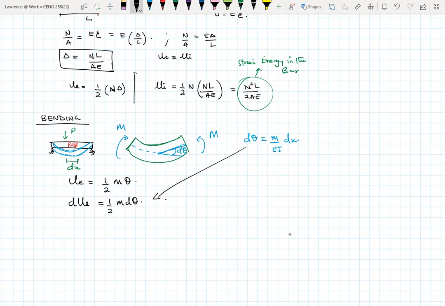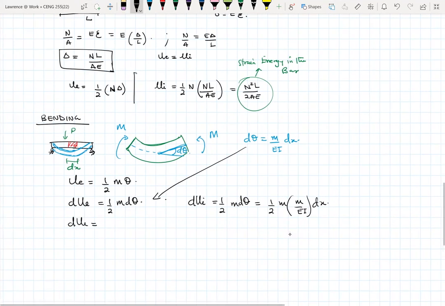So in effect, we can also have dU sub I being equal to half M d theta, and then this becomes half M into bracket M over EI dx. So dU sub I becomes M squared over 2EI dx.